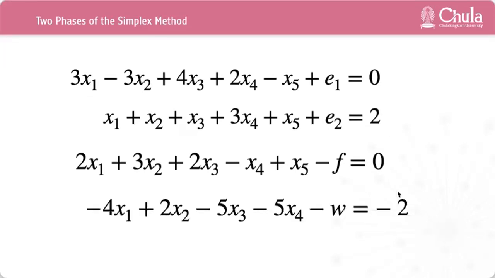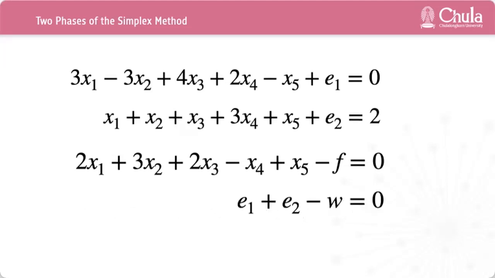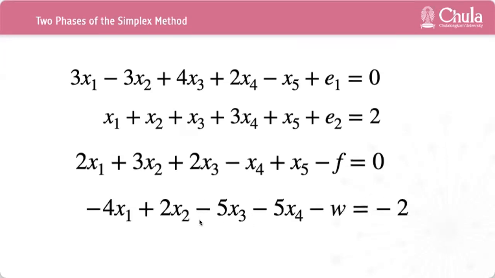All right. So the next step is we have to get rid of E1 and E2 from this equation. We know that if we sum the first and second constraint lines, we obtain E1 plus E2.